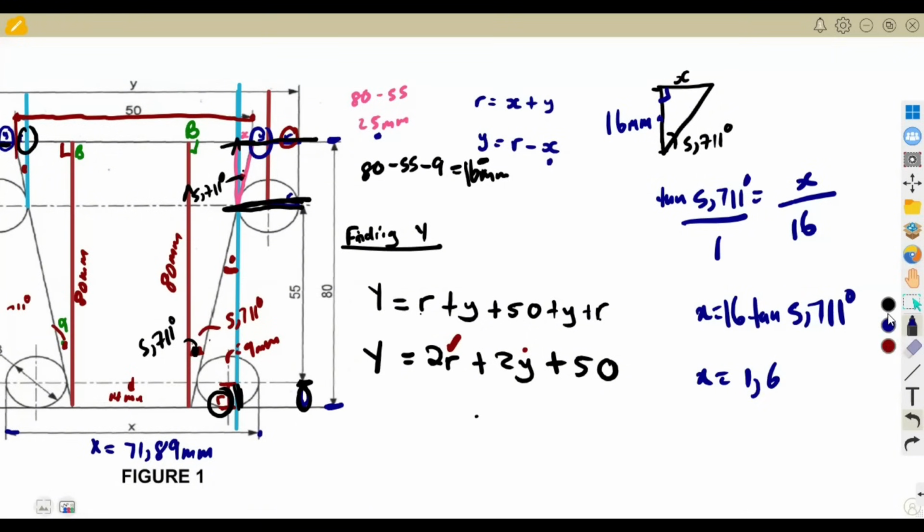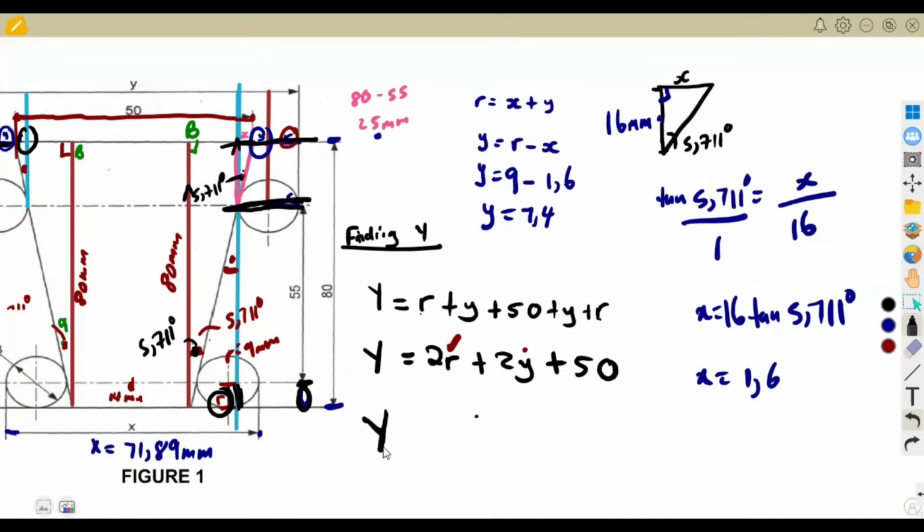So with these, we can find y here because we said y is radius minus x. So that means y is going to be the radius, remember our radius is 9, minus x, which is 1.6. So y is going to be the difference of 9 and 1.6, which is 7.4. So having this, we can find the y.